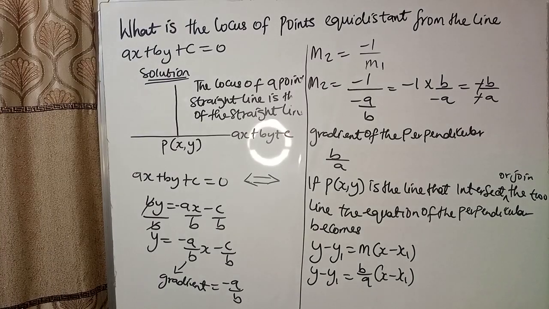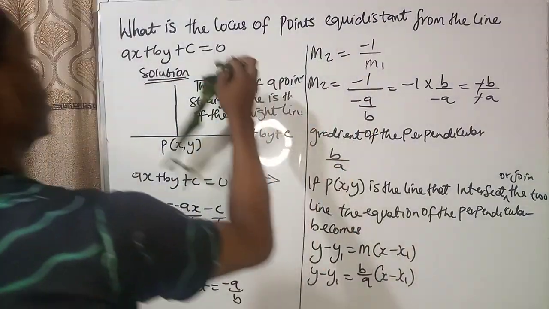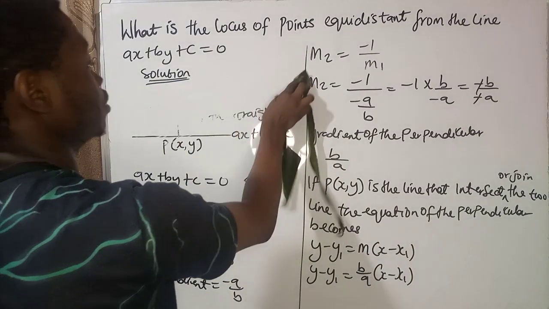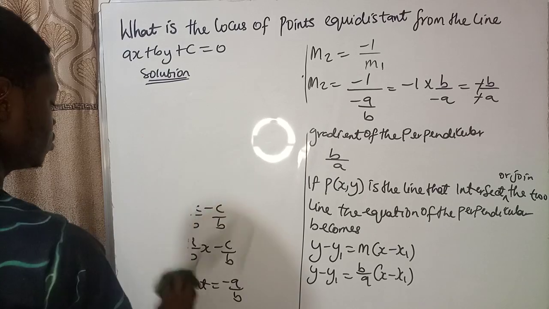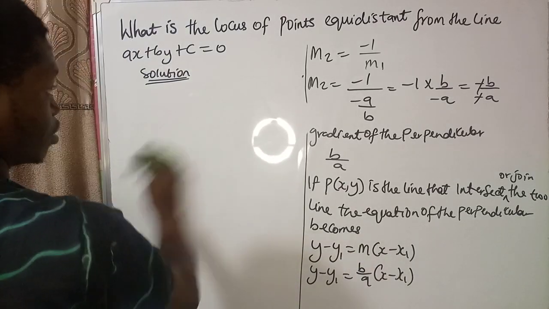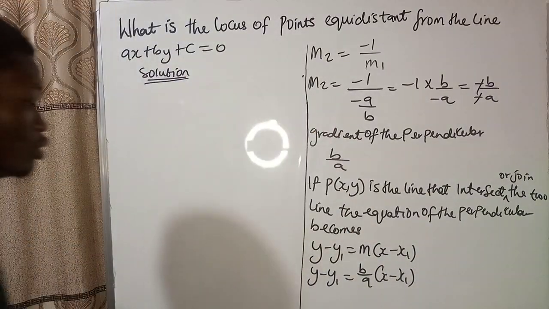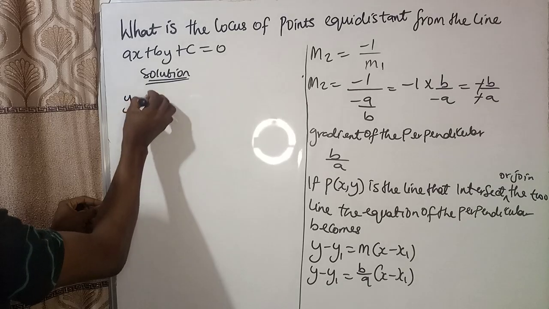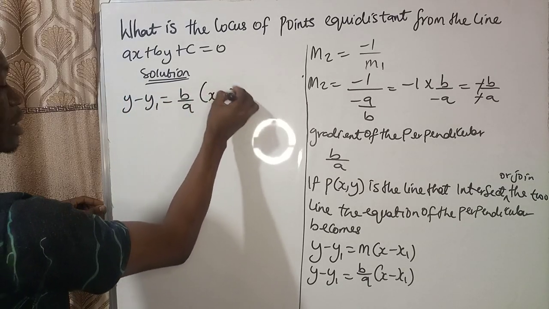So let's move over to the other board. Let me clean it. So we are going to have y minus y1 equals b all over a parenthesis x minus x1.